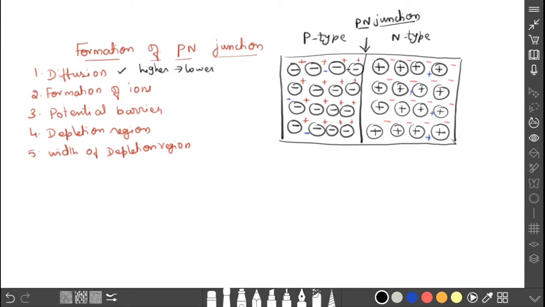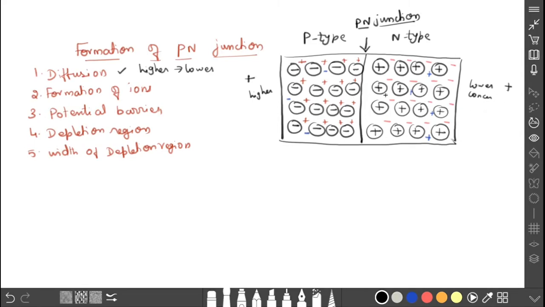Now you see here in P type, more number of holes are present. That is, holes are in higher concentration in P type. When we compare the same thing in N type, very few holes are present, so here is a lower concentration of holes. One side has higher concentration of holes and the other side lower concentration.